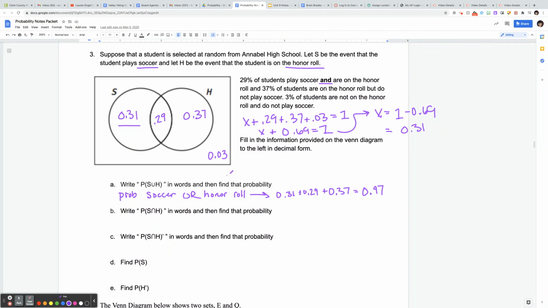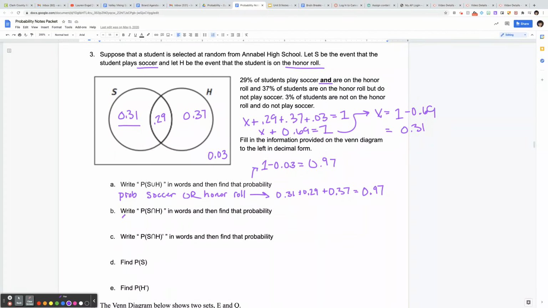Another way you could have done that, like option 2, is you could always do 1 minus whatever's on the outside, still inside the box but outside of the circles. So 1 minus 0.03, you're going to get the exact same thing, 0.97.